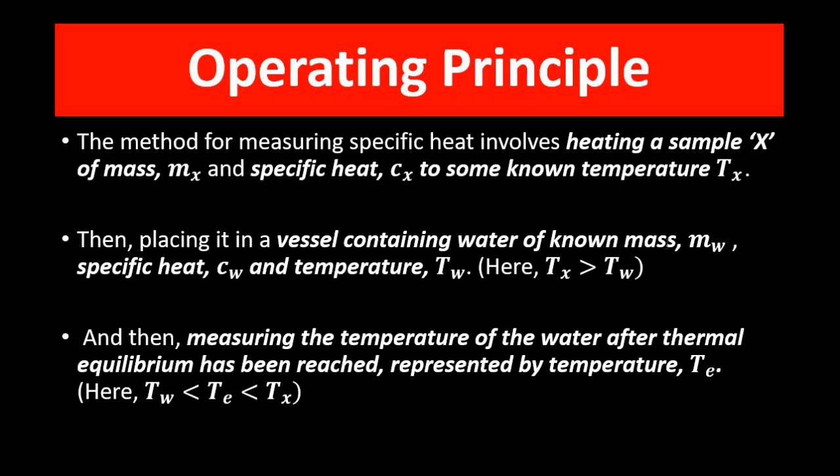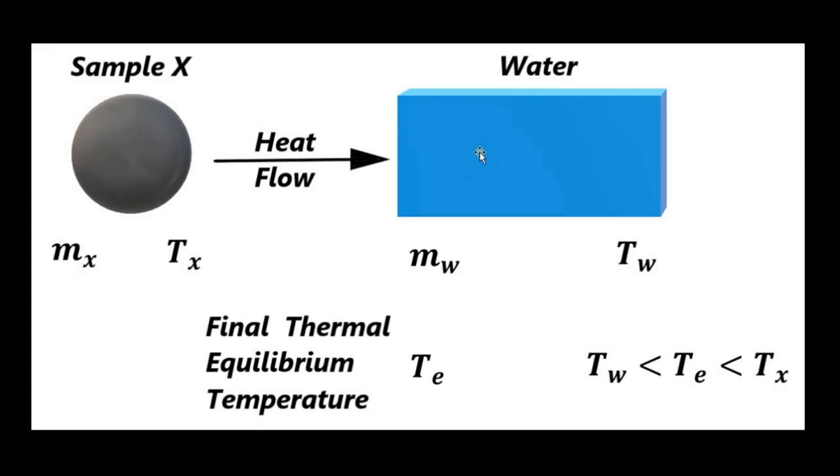The mass of the water mw, the specific heat Cw and the temperature Tw are known. So the water is at a lower temperature than this heated mass, which is specified by Tx greater than Tw.